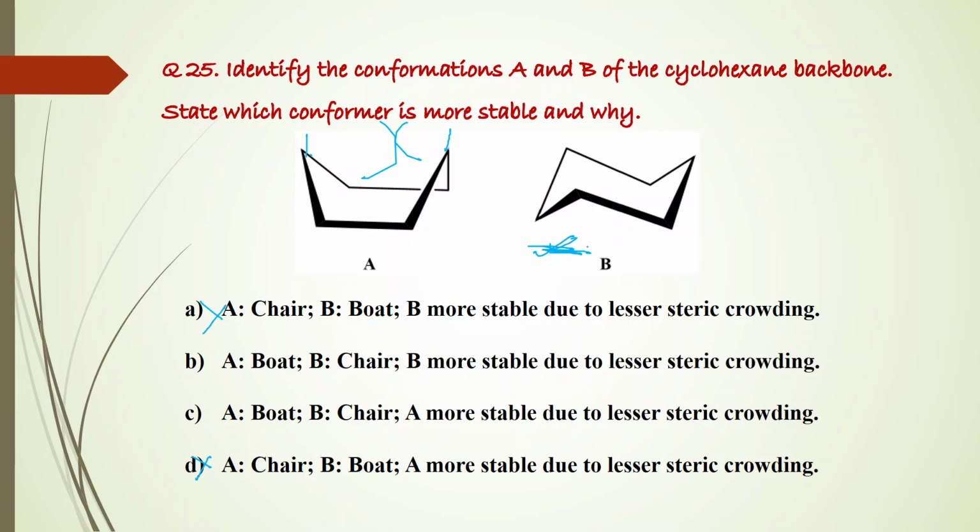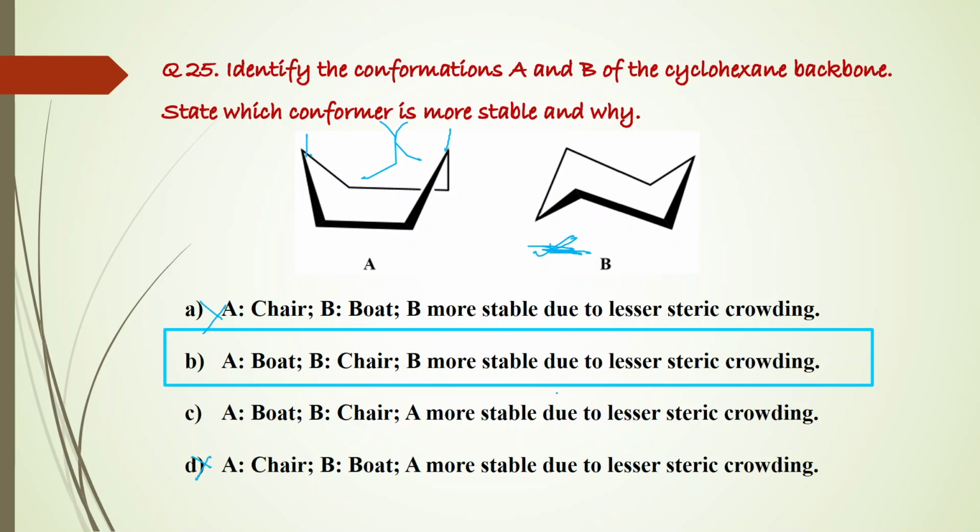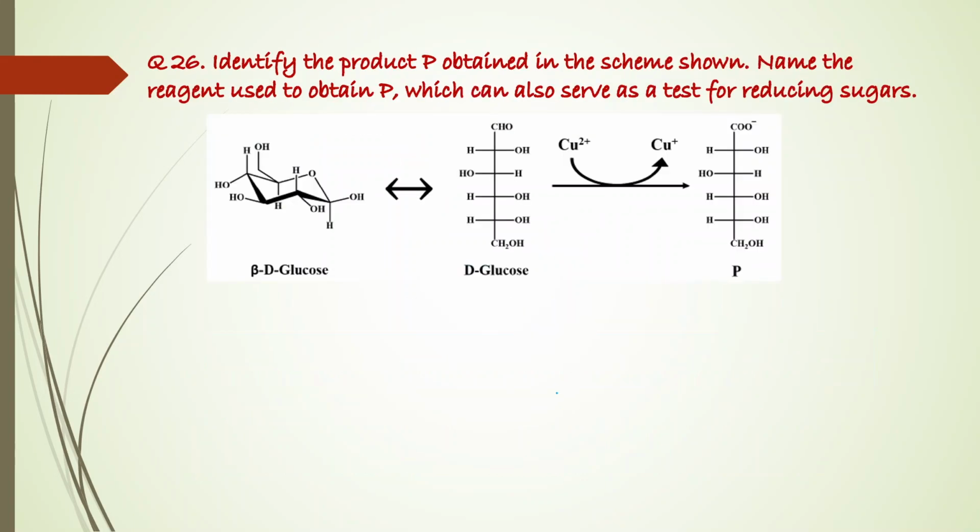In the chair conformation they are much more stable because this steric hindrance is much less. So the B form is more stable due to lesser steric crowding. So yes, absolutely the correct option should have been option B. A is boat, B is chair, and B is more stable due to lesser steric crowding.